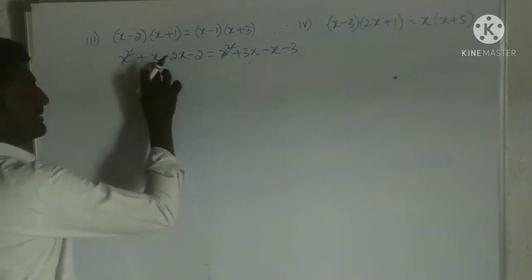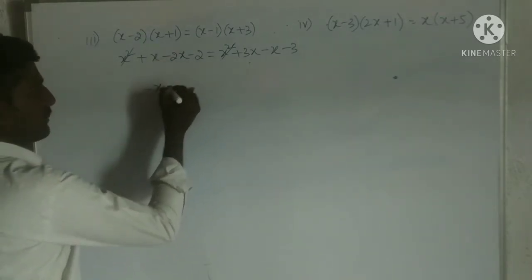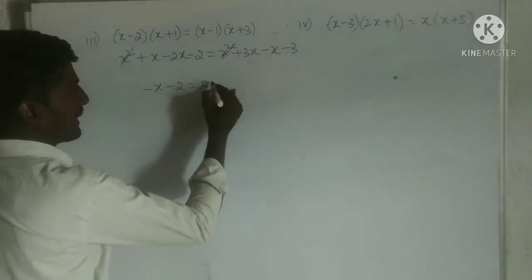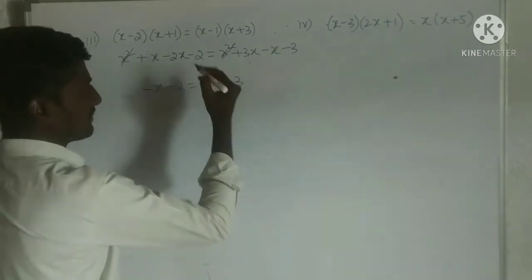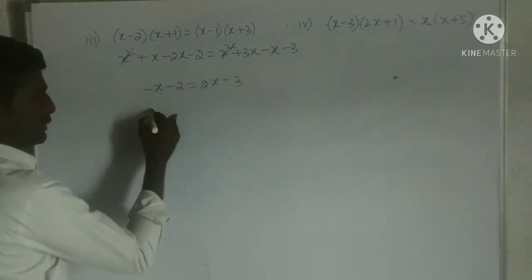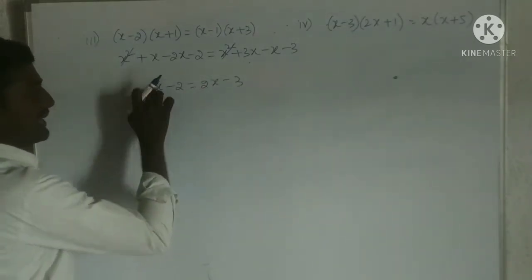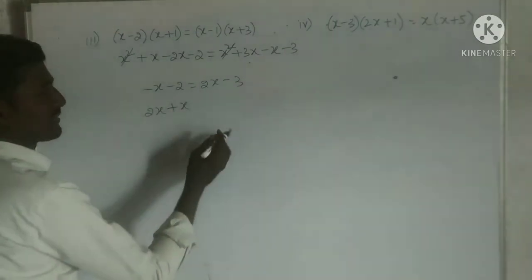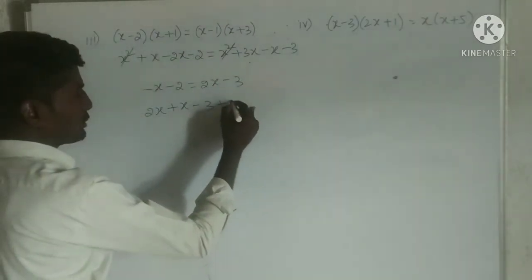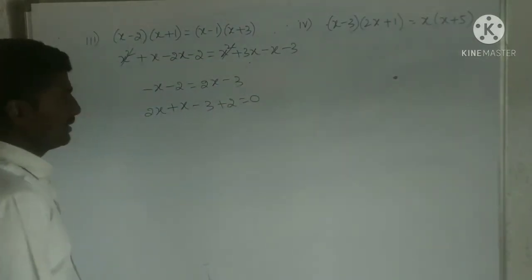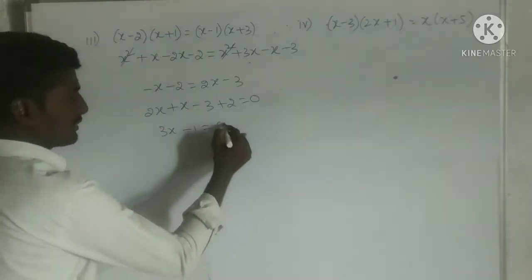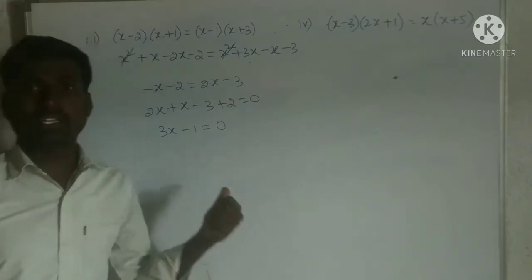So the remaining on the LHS is minus x minus 2, and this side is 3x minus 6, that is 2x minus 3. Now we take these two terms to the right side. So on the right side 2x is there as it is, minus x will become plus x, constant minus 3 is there, this minus 2 will become plus 2 is equal to 0. Now 2x plus x is 3x minus 1 is equal to 0. So is it a quadratic equation?